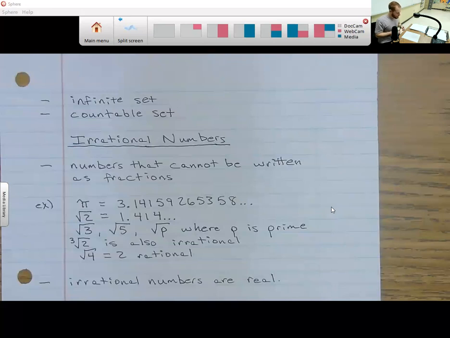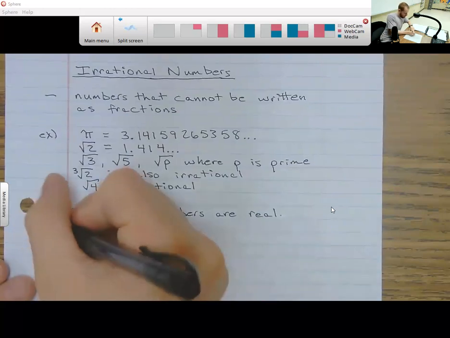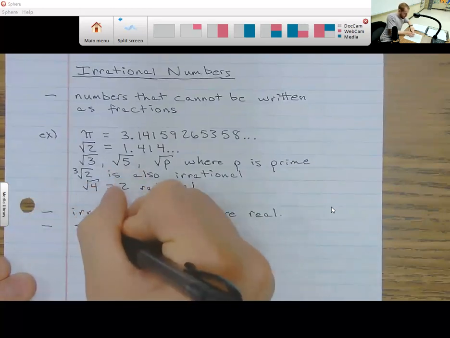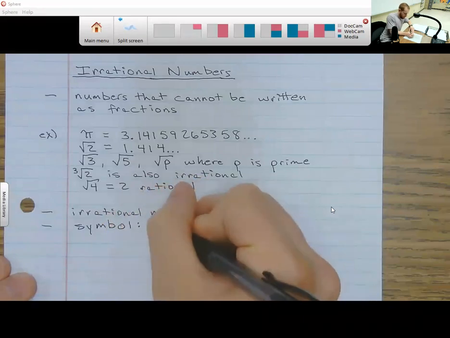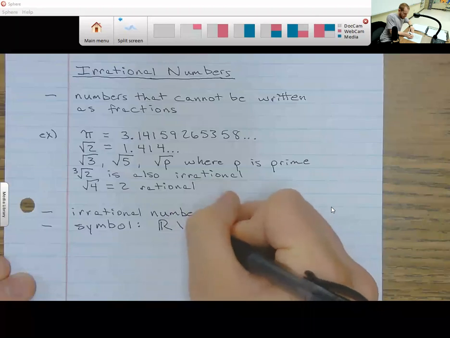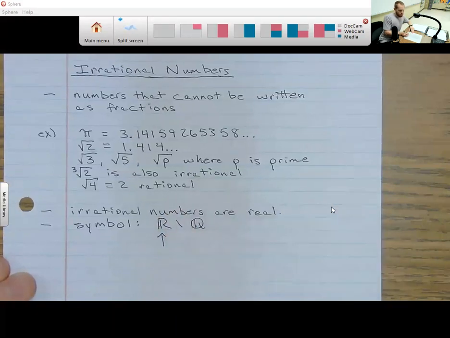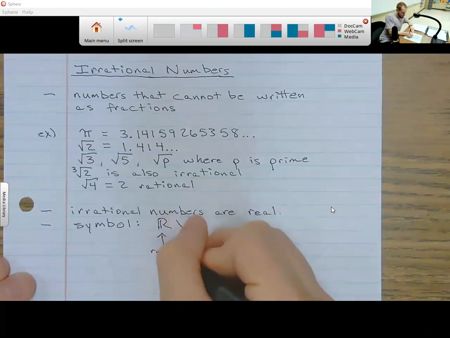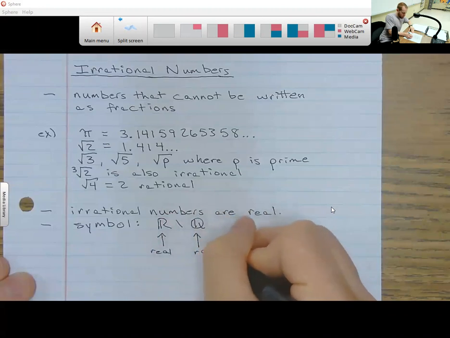Okay? So what's the symbol for this? The symbol for the irrational numbers, there's actually not really a good symbol for this. So we're going to use R take away Q. And this basically means all the real numbers, but you take away the rationals.